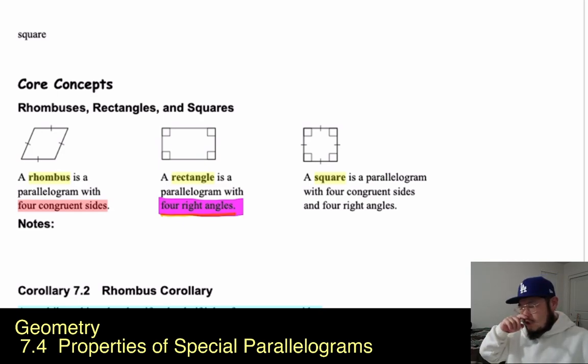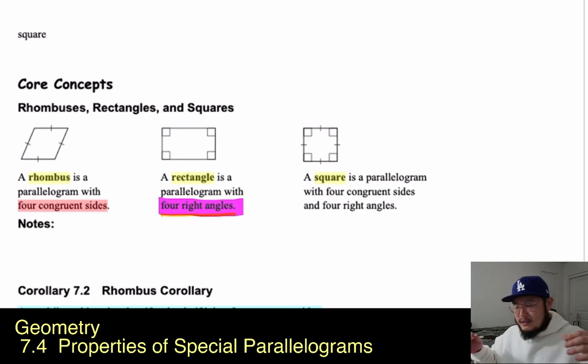And then we have a square. A square is a parallelogram with 4 congruent sides and 4 right angles. Remember in the flow chart, the square was at the very bottom and we had rhombus and rectangle connect to that square because the square shares characteristics of a rhombus, characteristics of a rectangle, and also those of a parallelogram.